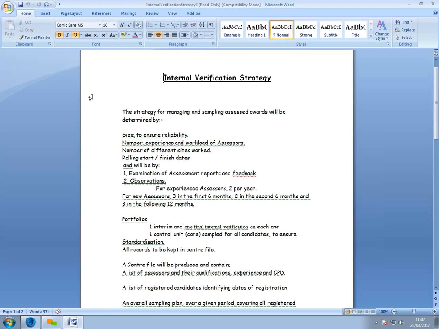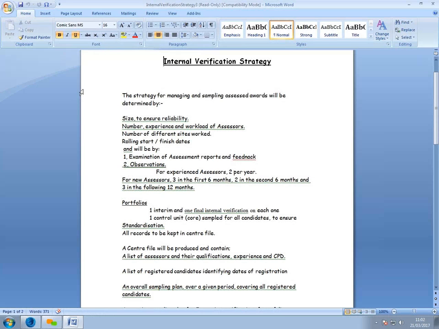And this was one of the reasons they'd been sanctioned by the awarding body. It stopped them from making any more registrations or claiming any more certification until they got sorted out. Fortunately for the college, when the external verifier turned up, I actually knew him. So we managed to get the sanctions lifted, provided I provided him with a strategy for moving forward.